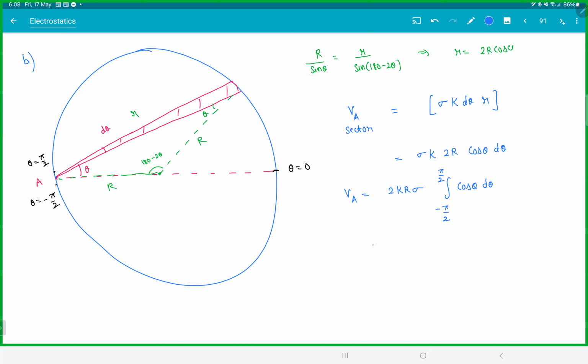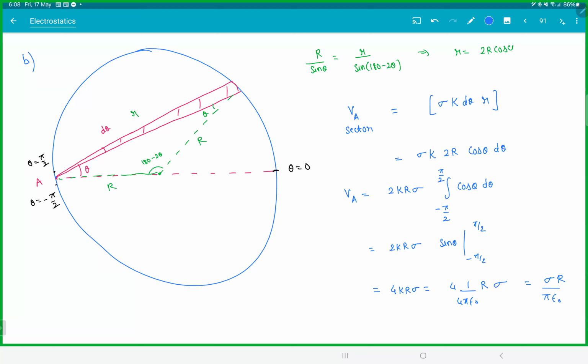So 2kR sigma times sin theta, limits from pi by 2 to minus pi by 2. That actually becomes 2. So 4kR sigma, and 4k is nothing but 1 by pi epsilon. So 4 will cancel, sigma R by pi epsilon. Check it out.